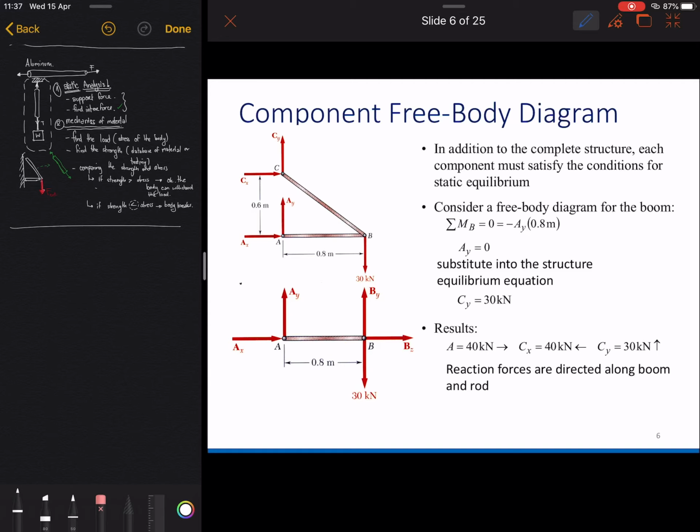So in this case we neglected this support. So now we have all the support forces, and here is all the direction of the support force along the boom and the rod.